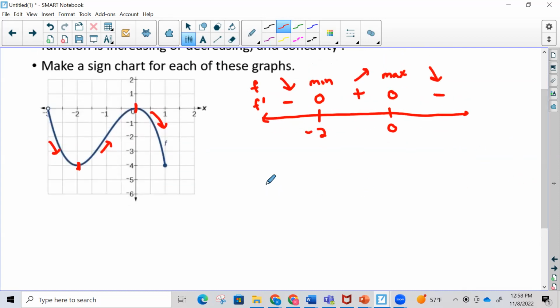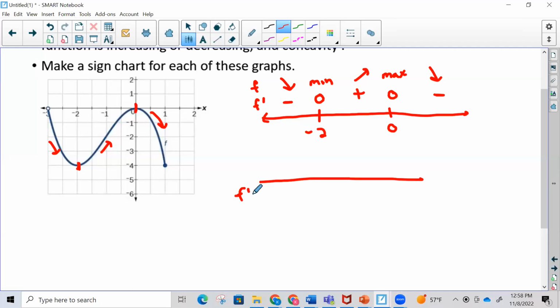Some, like if you watch the other video with the other professor, she puts f prime of x down here, and then writes x here and puts the x values like -2, 0, and then has the intervals like this.